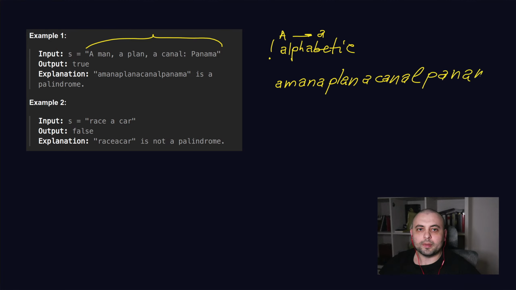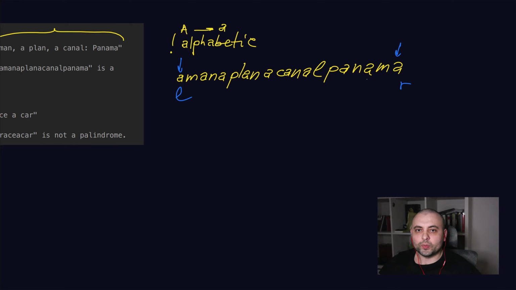So once we got to this stage, we can have two pointers, one above, one below, and start comparing all the items. So this will be left, right, and we go one by one.